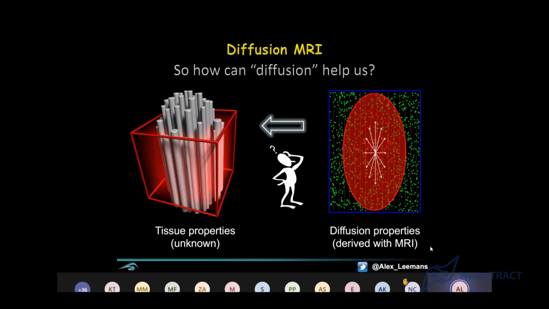And in a way, it's an ill-posed problem, meaning that there are many different configurations of tissue that would result in the same diffusion properties if you were to make some assumptions about the diffusion profile. But we'll come back to that later today, and we can discuss this in more detail. Okay, so the idea is diffusion also happens in the brain. And now with diffusion MRI, we're trying to estimate diffusion properties.